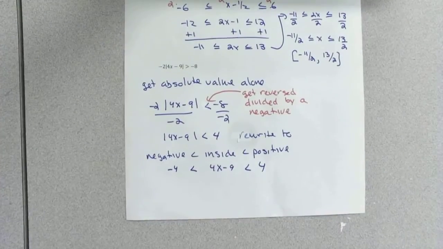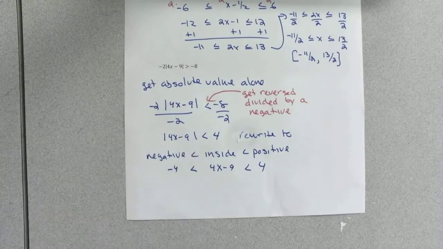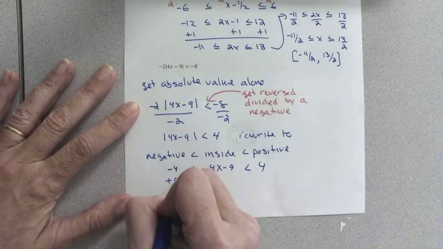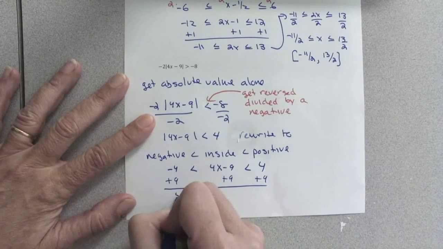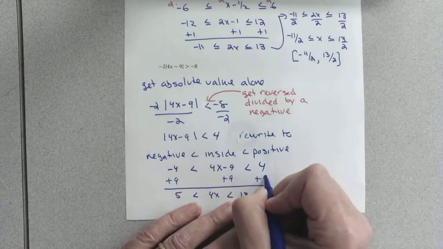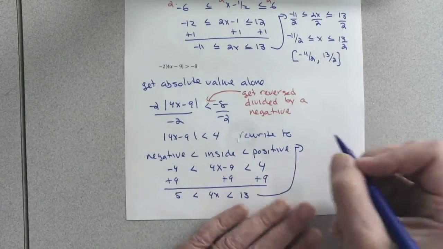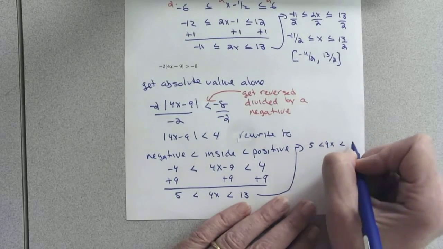Then just solve this. Again, cover up part of it. If I was looking at those guys, I would add 9. So I add 9 to all 3 parts and come up with 5 is less than 4x is less than 13. We'll go up here and finish. And so 5 is less than 4x is less than 13.